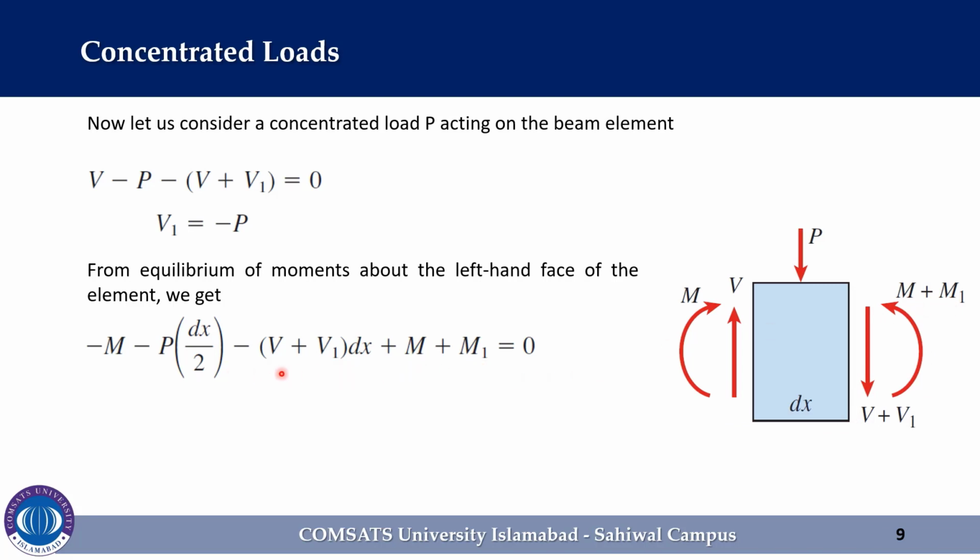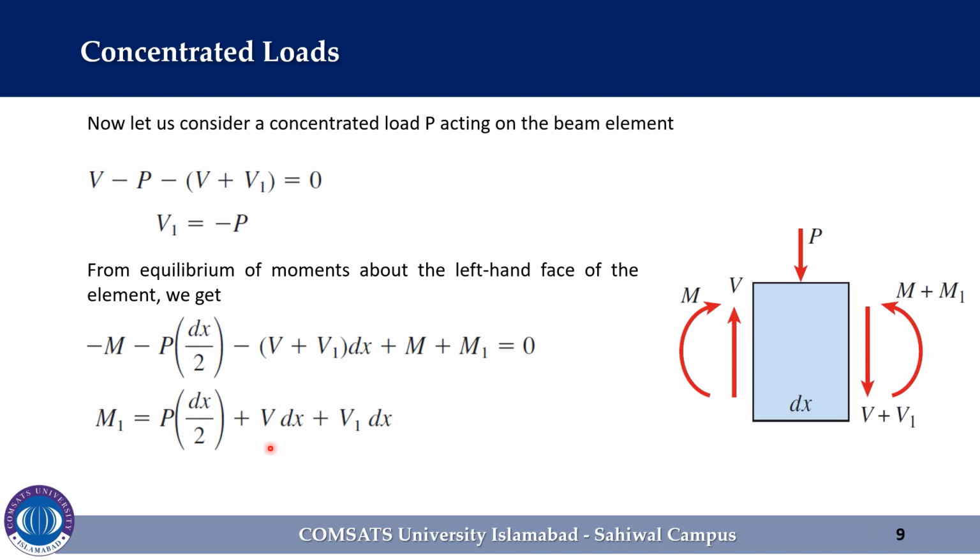Here V1 and M1 are the increments in shear force and bending moment respectively from left to right side of the element. After some simplification, the expression can be written as M1 is equal to P dx over 2 plus V dx plus V1 dx.